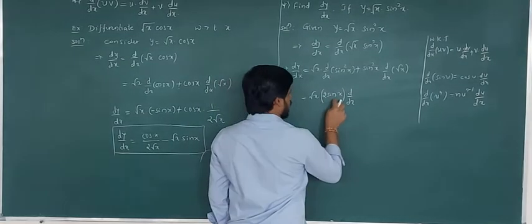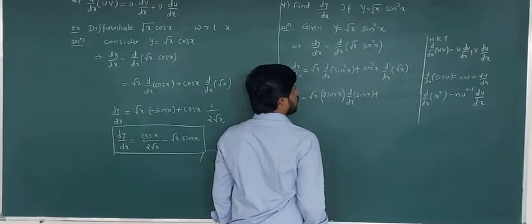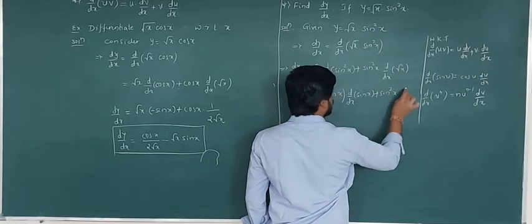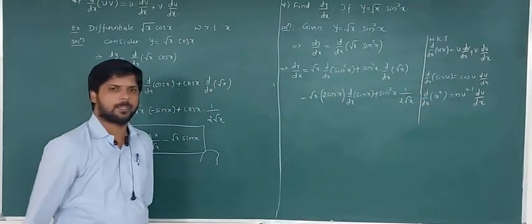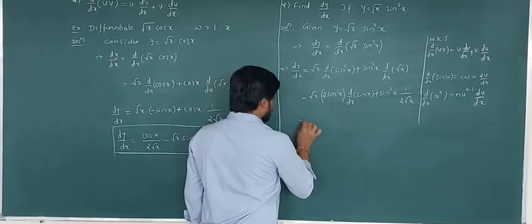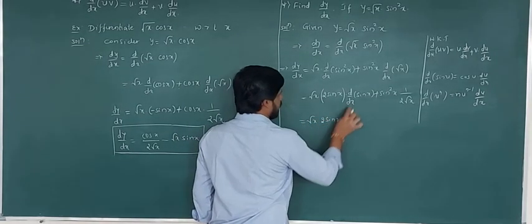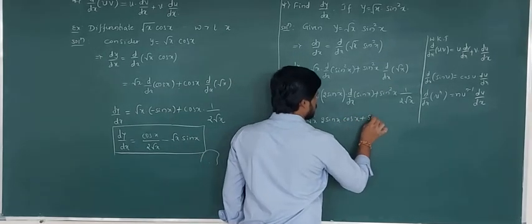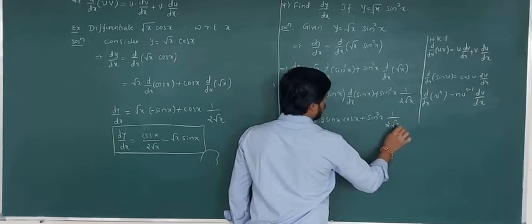So 2 sin x into d by dx of sin x, plus sin square x into differentiation of root x, which we know is 1 by 2 root x. Next, root x into 2 sin x, and differentiation of sin x is cos x, plus sin square x into 1 by 2 root x.